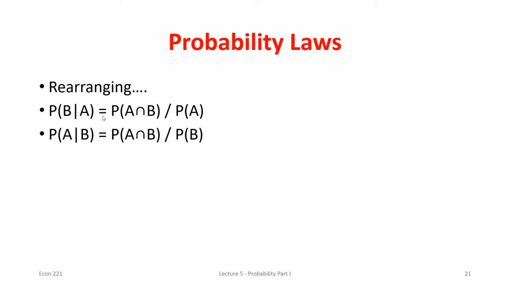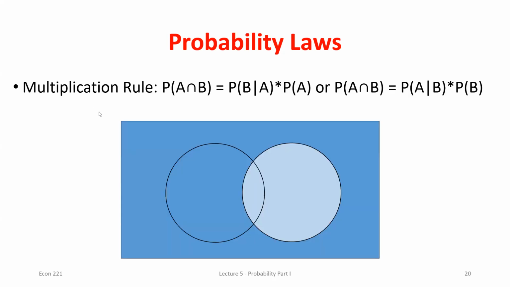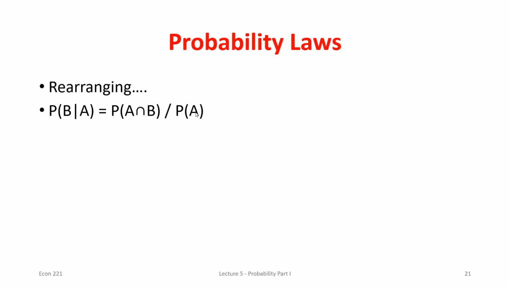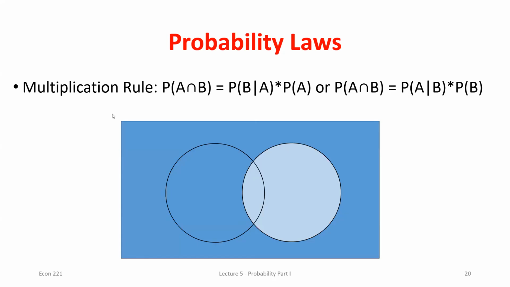So once we have that, and actually, we're working backwards. So say we start here. Now, if we rearrange this a little bit, if I just multiply both sides by the probability of A here, now I can solve for the intersection, taking the conditional probability and multiplying by what I'm conditioning on, right?